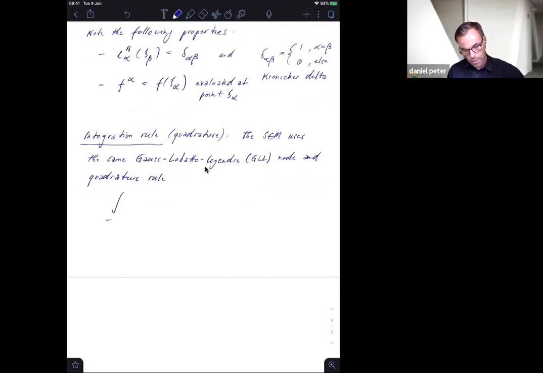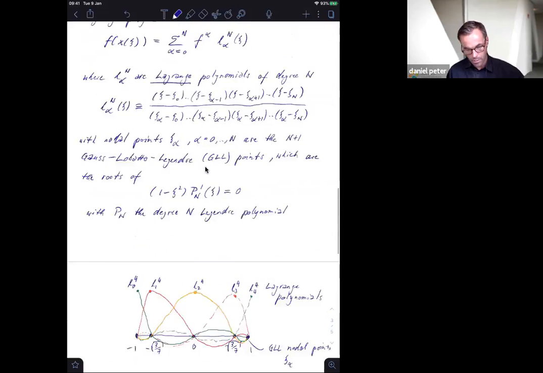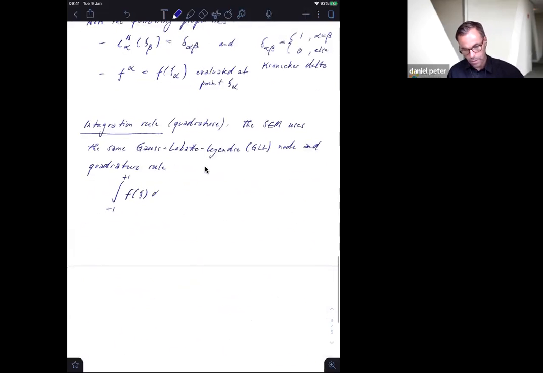Which means that the integral over the reference element, which goes from -1 to +1, of a function f of xi, integrated over d xi, is going to be approximated by the quadrature, which can be written as the sum from alpha to n over something with omega. These are coefficients of the function evaluated at that nodal point.